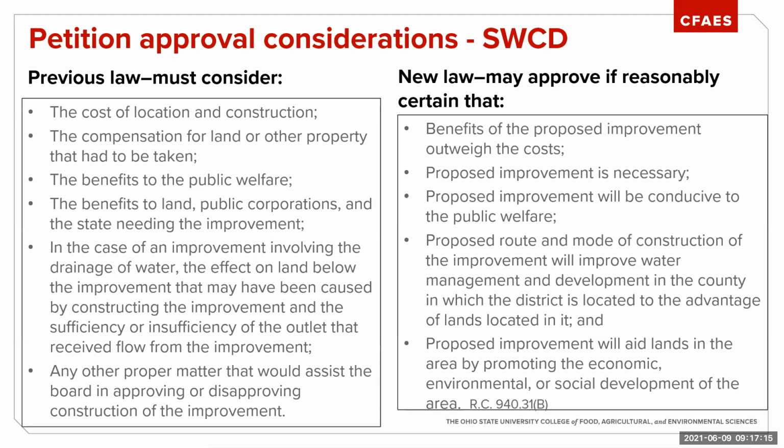Very similar to what we had, but we cleaned it up a bit, clarified it, and added that language about you may approve it if you're reasonably certain, rather than you have to consider all of these factors.